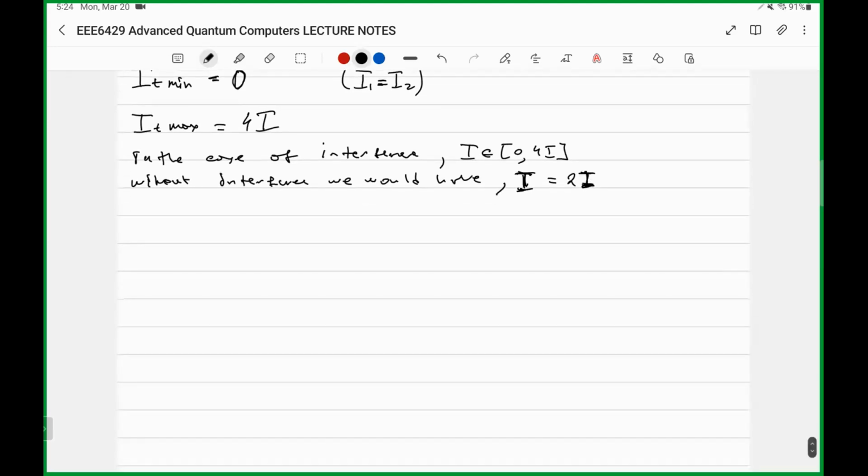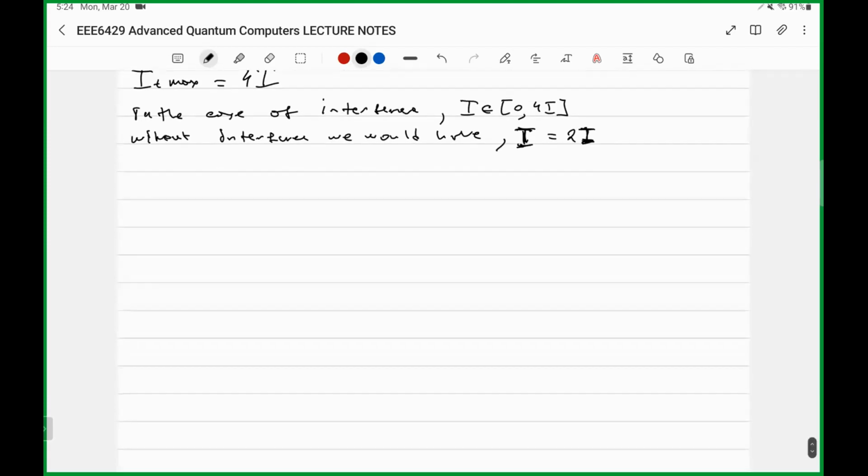Right, so interference gives us this interference effect that creates an interference pattern, and how does it look on the screen? Let's suppose I return to the screen I had, and without interference, this intensity distribution would be this one.